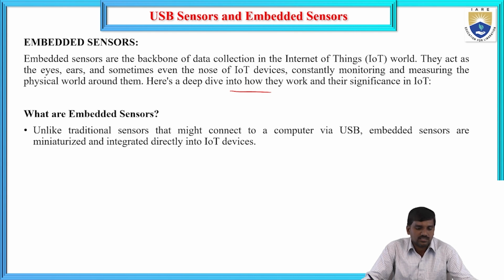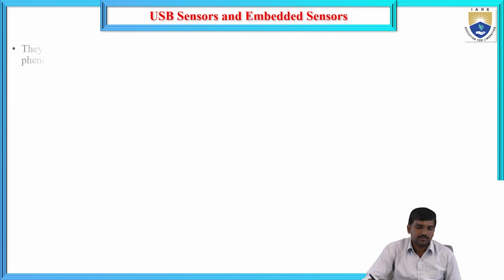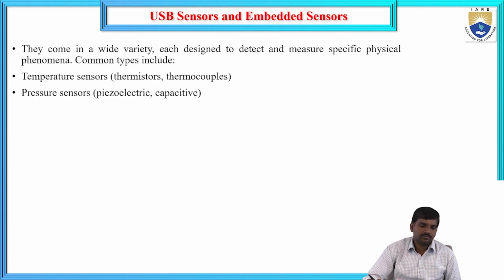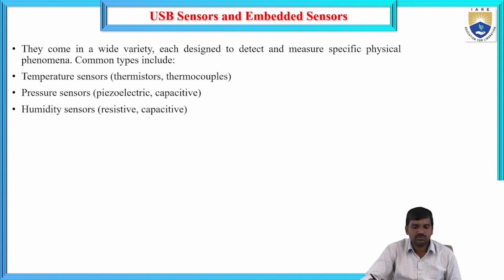What are embedded sensors? Unlike traditional sensors that might connect to a computer via USB, embedded sensors are miniaturized and integrated directly into the IoT device. They come in a wide variety, each designed to detect and measure specific physical phenomena.